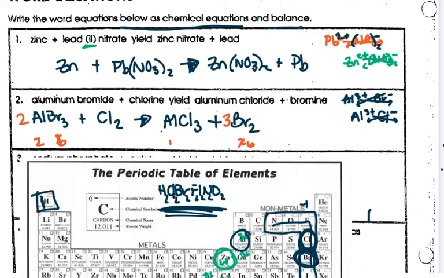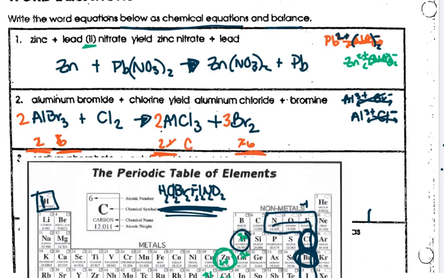All right. That did change my aluminum, so I'm going to go back and change it. Remember, I had 1 aluminum here. I need to multiply it by 2. So this aluminum here is going to get multiplied by 2, changing that one to a 2. So now I have 2 aluminum, 2 aluminum. I have 6 bromine, 6 bromine. So chlorine's the last thing I need to deal with.